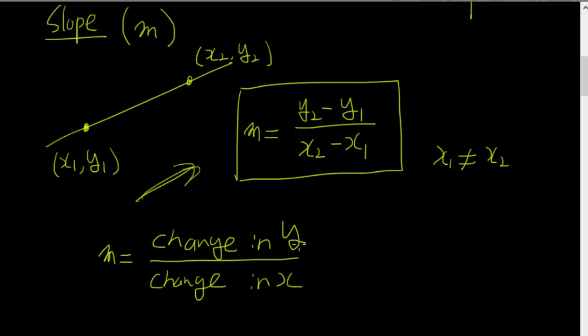You try to see how much y changed. That's why we did y2 minus y1. If you just draw this triangle like this, this would be how much y changed, and this would be how much x changed, right? So how much y changed with respect to how much x changed.